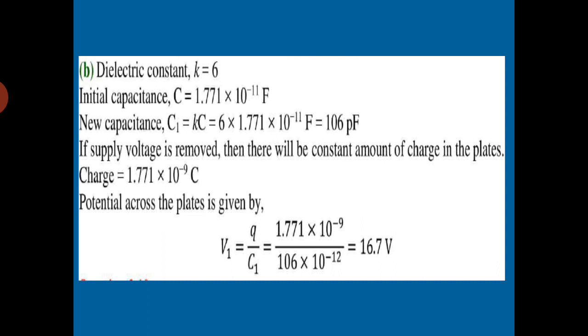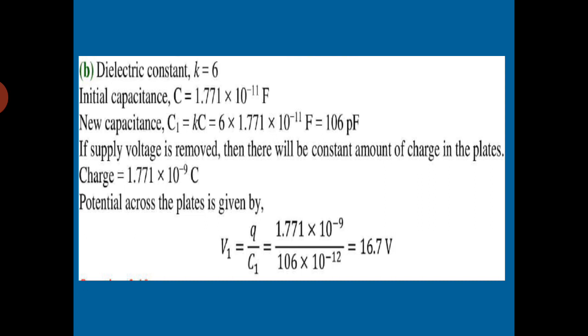New capacitance will still be K times. Irrespective of whether there is a battery in the circuit or not, capacitance always increases when a dielectric slab is inserted between the two plates of the capacitor. So new capacitance C1 will definitely be K times C. It again comes out to be 106 picofarads.